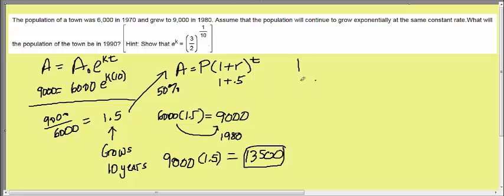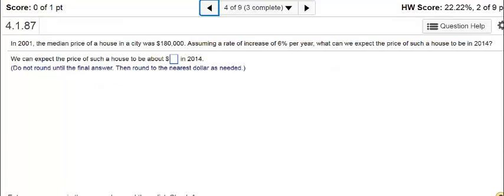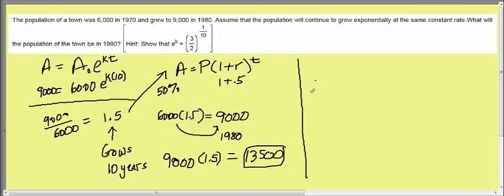So for this home problem, we know that it's growing, and I believe that was at 6%. So what we're going to do is have 180,000 times 1 plus 0.06, and this is the amount of time. I didn't copy all that down.